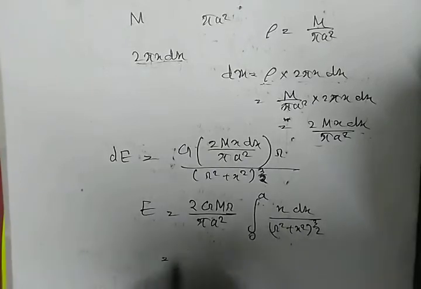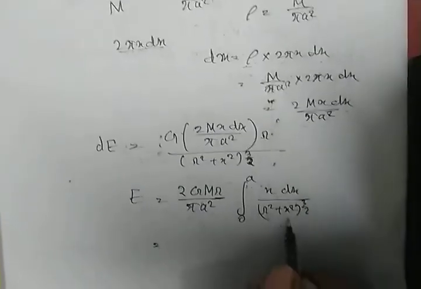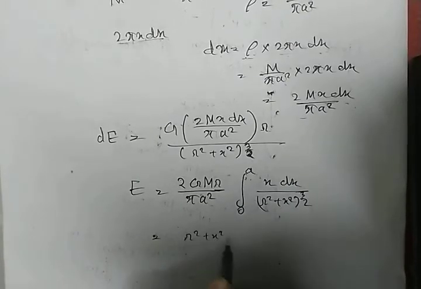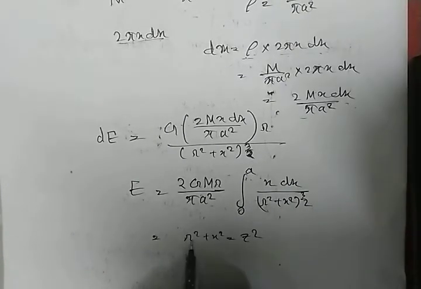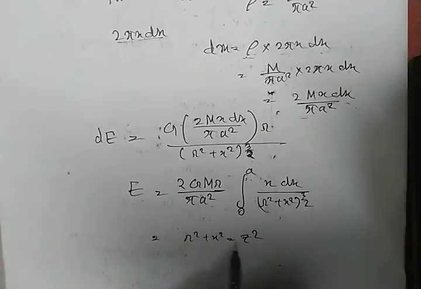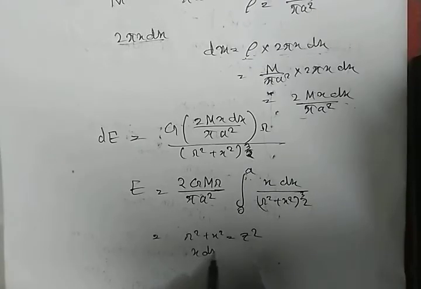We'll do a substitution here: r square plus x square equals z square. For a certain distance I can practically consider r as constant, so taking the differential of this equation we can write x dx equals z dz.